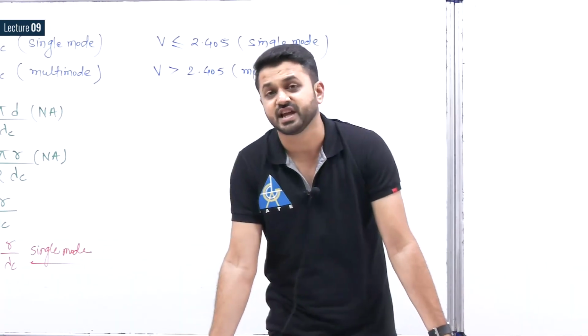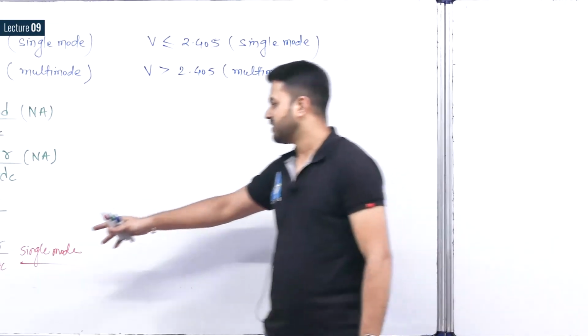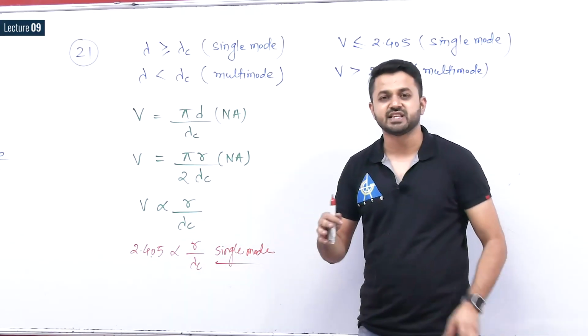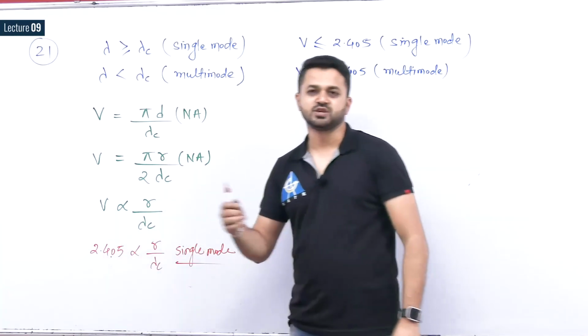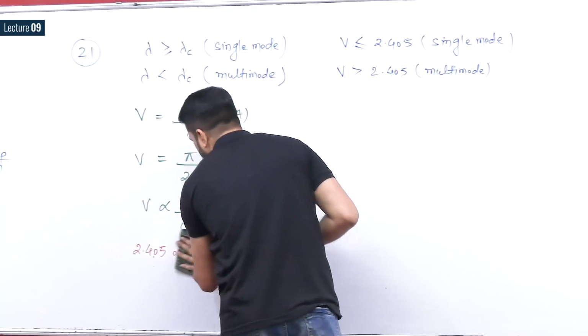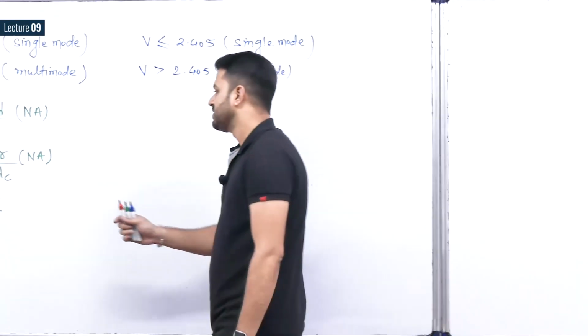We want to have it in a multi mode. That means the value of V should be increasing. So we want to keep the values of r and lambda c in such a way that we get a value greater than 2.405. Okay, so we want the value of V greater than 2.405.